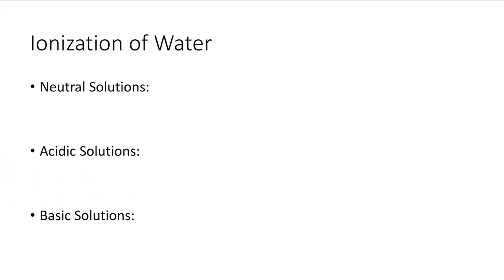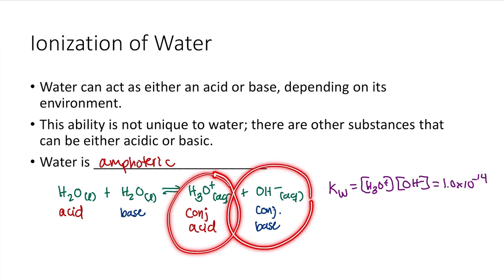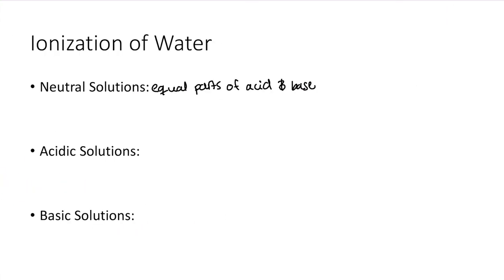If you have a neutral solution, it means we have equal parts of our acid and base. If we look at how water dissociates, hydronium ion is the acid part and hydroxide is the base part. What that means is the concentration of hydronium ion for a neutral solution must be equal to the concentration of hydroxide.